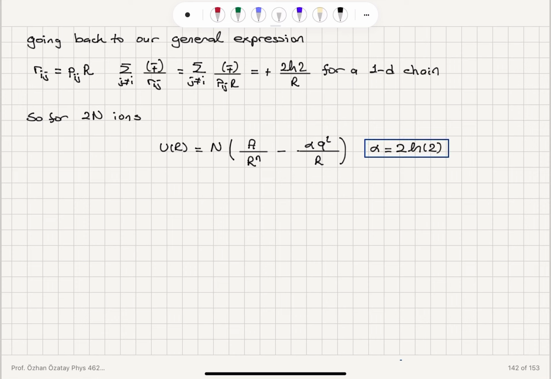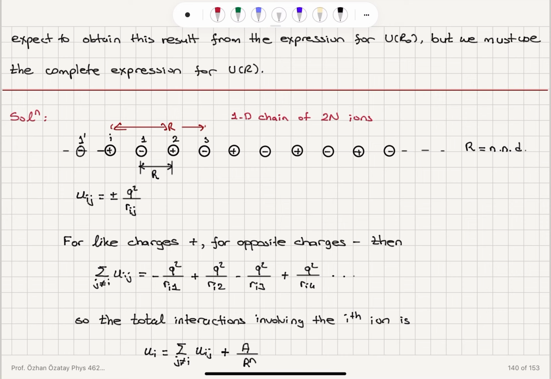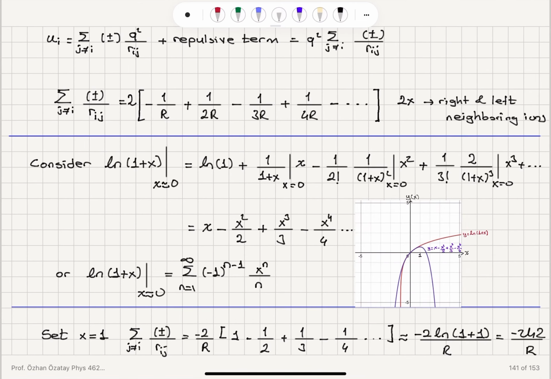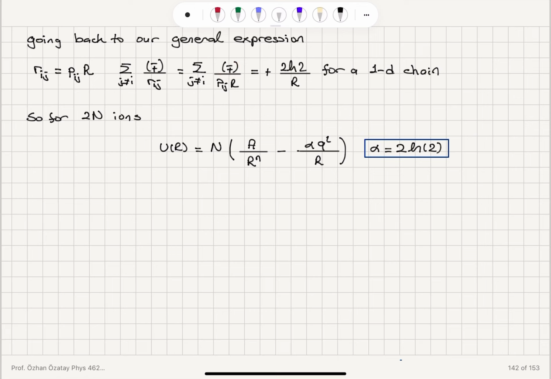So now you can see, because I write the potential this way as explicitly the repulsive term, positive term, and negative attractive term, in the original potential this was written as both terms were plus, so I have to basically go from plus minus Rij to minus plus Rij in order to get this minus sign in action. And that's why my Madelung constant becomes plus 2 natural logarithm 2, not minus 2 natural logarithm 2.